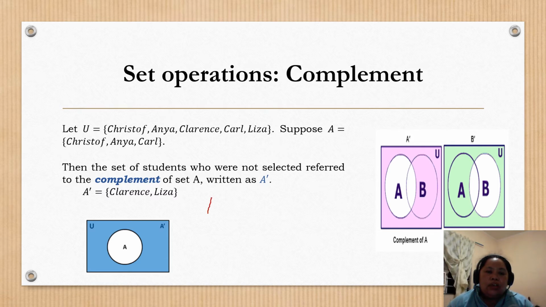We read this as A prime. So the complement of A is the A prime, which is Clarence and Lisa.